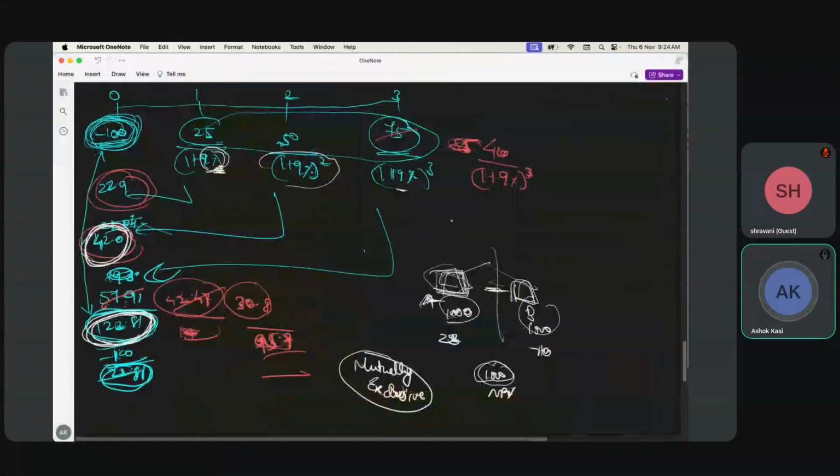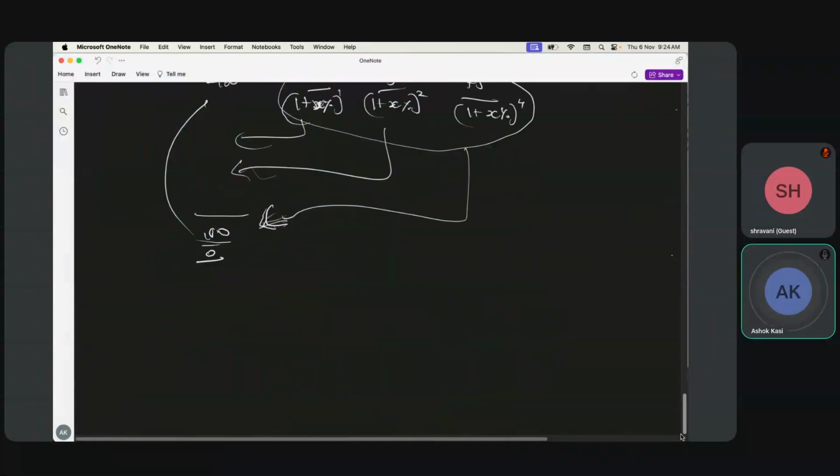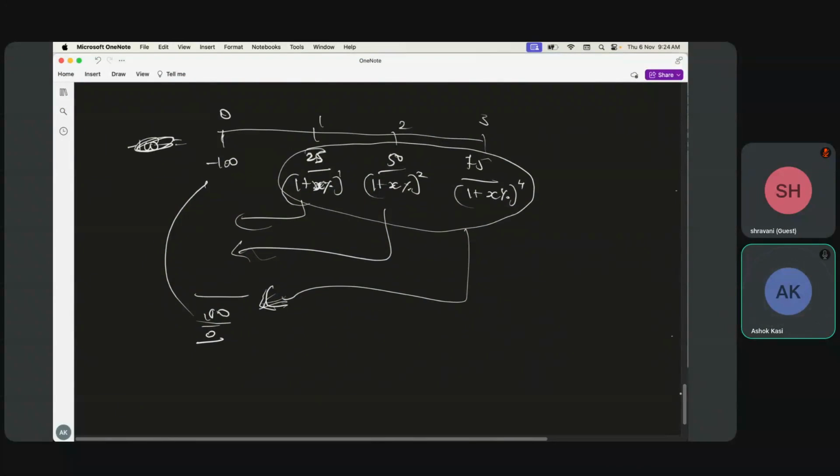IRR means what? IRR, if I have to articulate, is the rate at which the present value of cash outflow is equal to the present value of cash inflow.